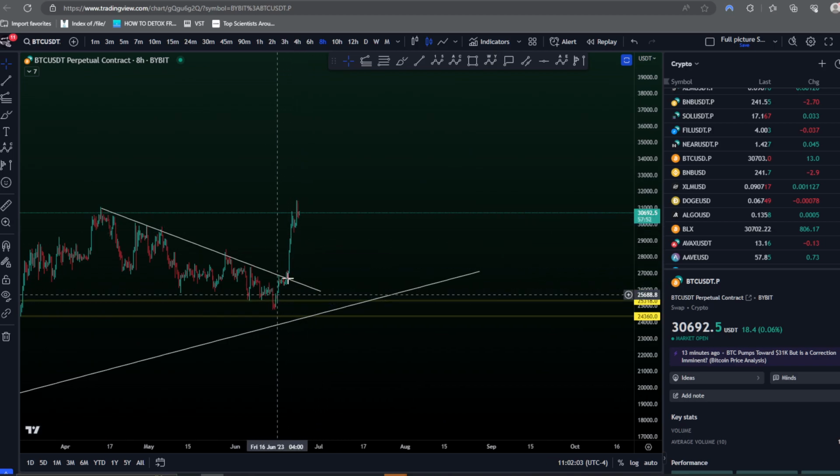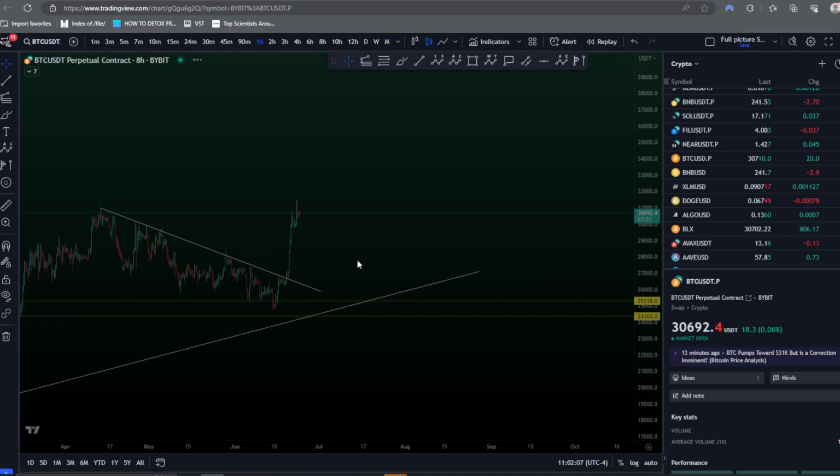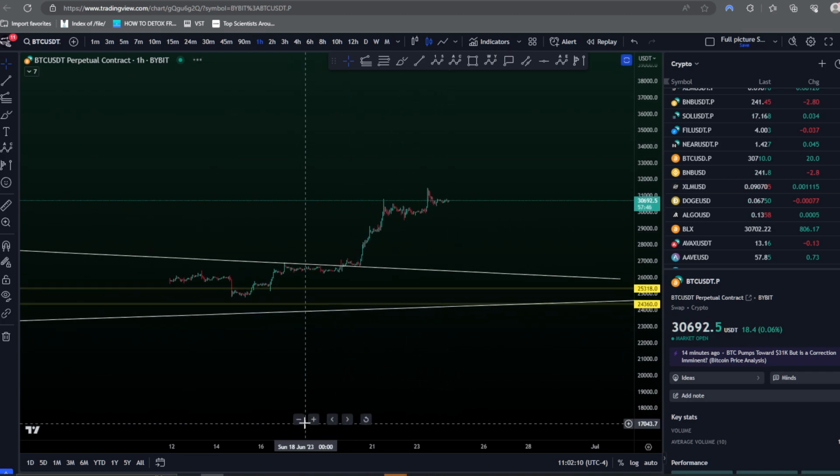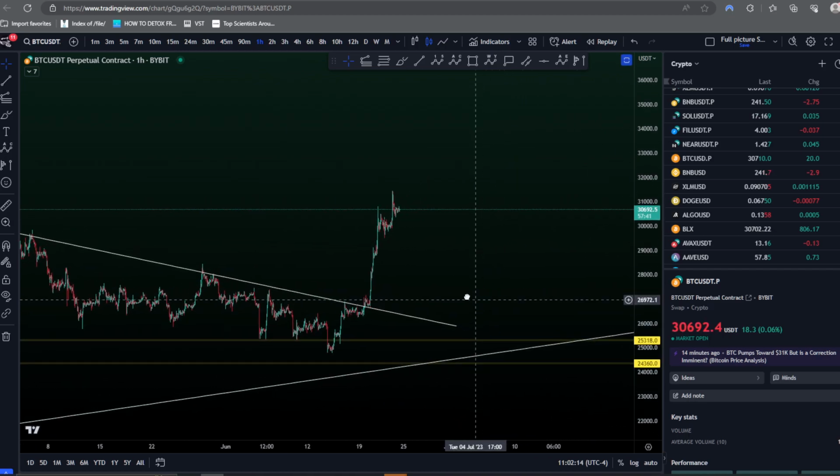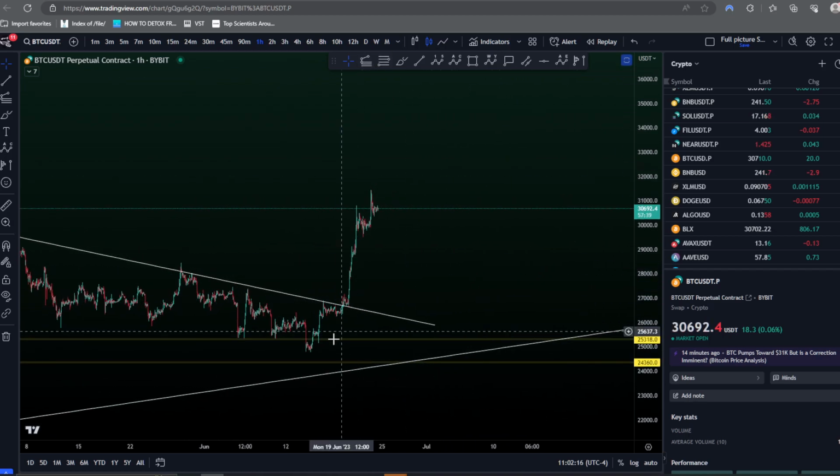This starter wave to the upside looks like it could be pretty much done and ready for a small correction before more upside movement here.